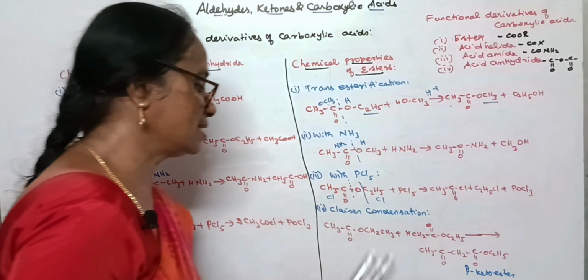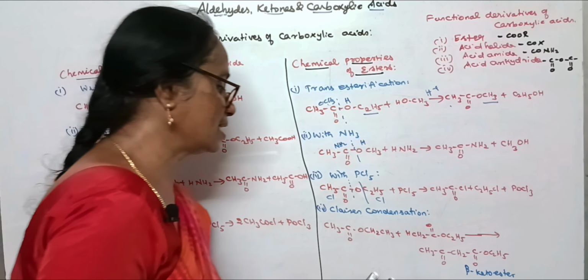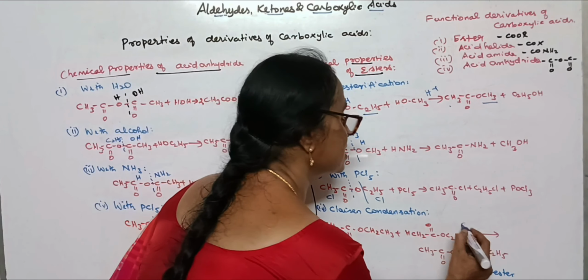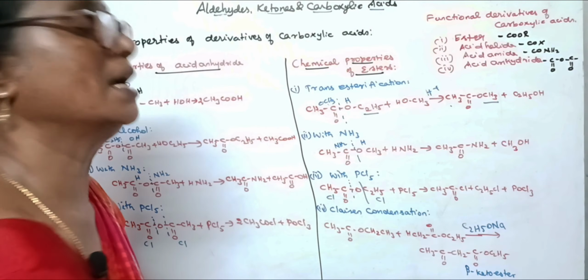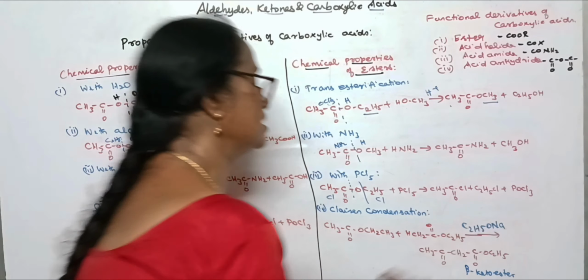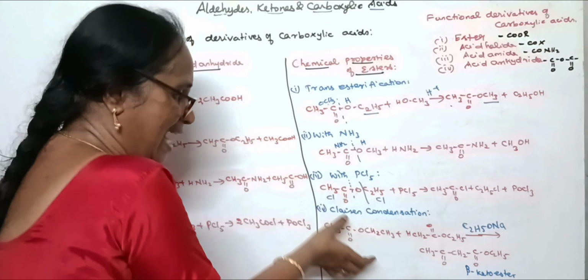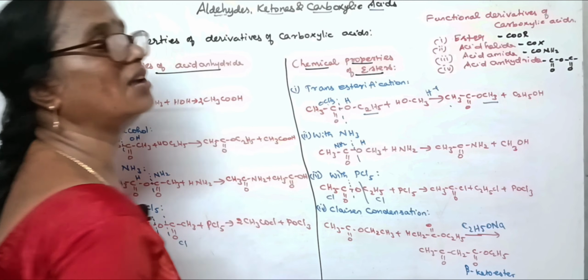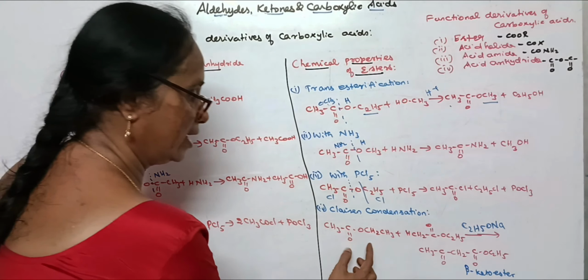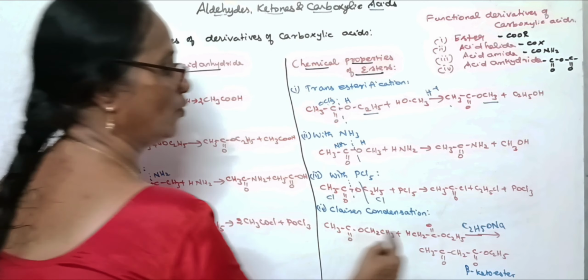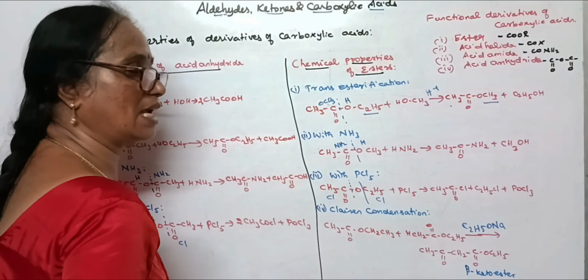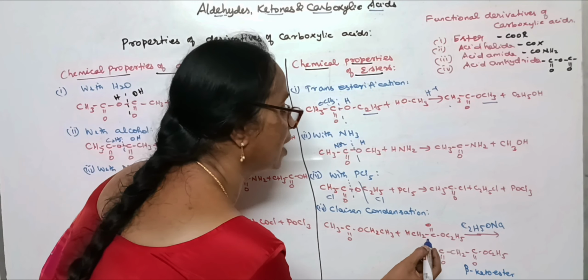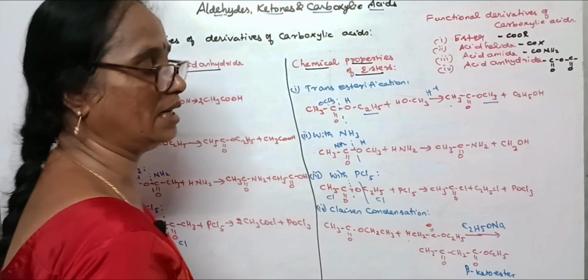So an ester containing alpha hydrogen will undergo Claisen condensation in the presence of a base, C2H5ONa, sodium ethoxide. In the presence of the base, the same ester may undergo self condensation. I have taken ethyl ethanoate with ethyl ethanoate. The first ethyl ethanoate is condensed with the methyl part of another ethyl ethanoate.